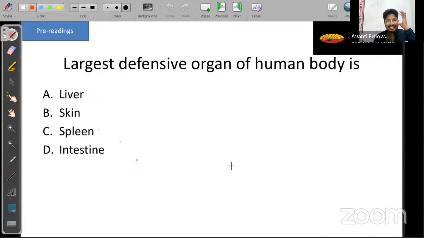Among liver, skin, spleen and intestine, which is the largest defensive organ? I'm launching a poll now for this question. I already got an answer in the chat box. Anyway, I have launched the poll, and perfect, absolutely right. What about the remaining people?